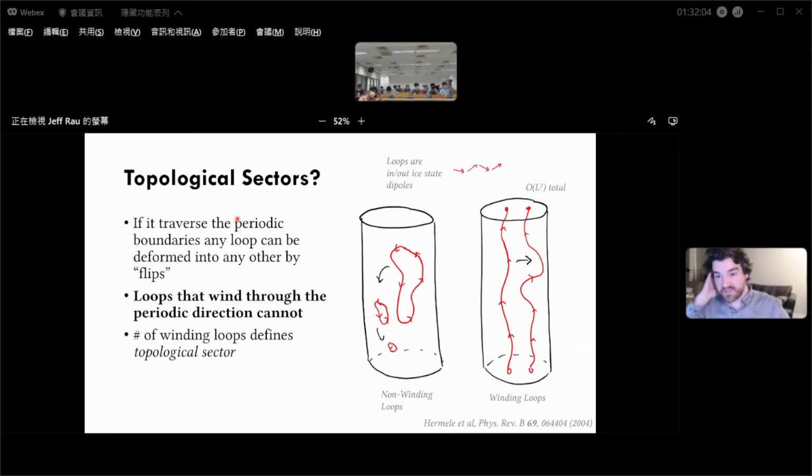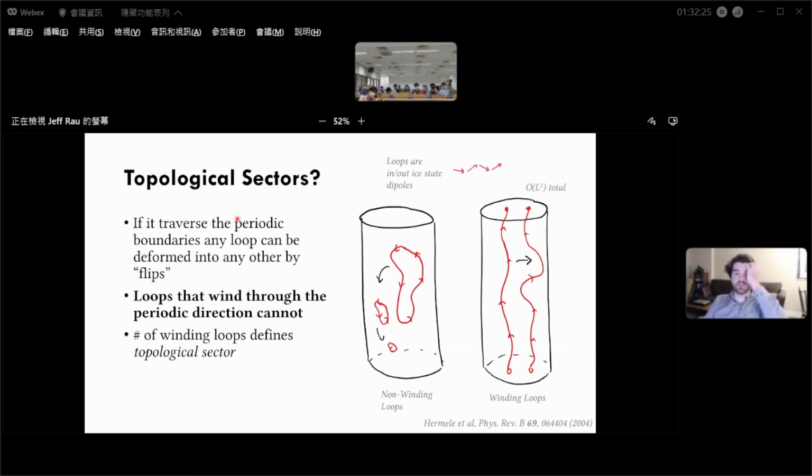To say that tunneling is going to cause this thing to form a superposition of all ice states, you have to assume that whatever operator is doing the tunneling can actually do that in some finite amount of time. And it turns out, because of the structure of this ground state manifold, there's actually an impediment to this.